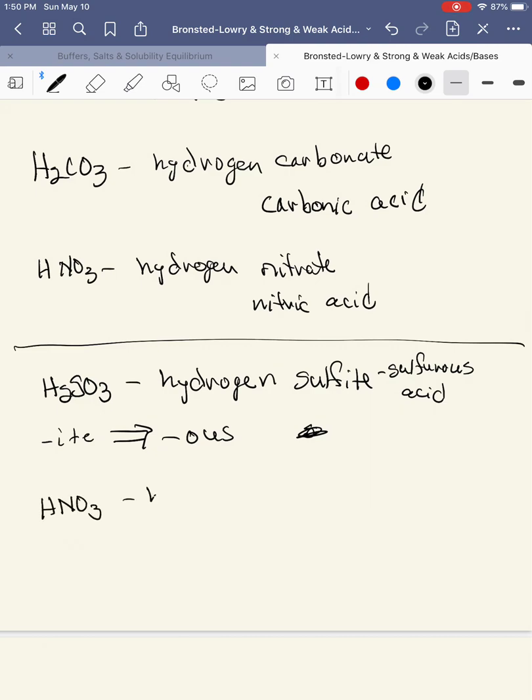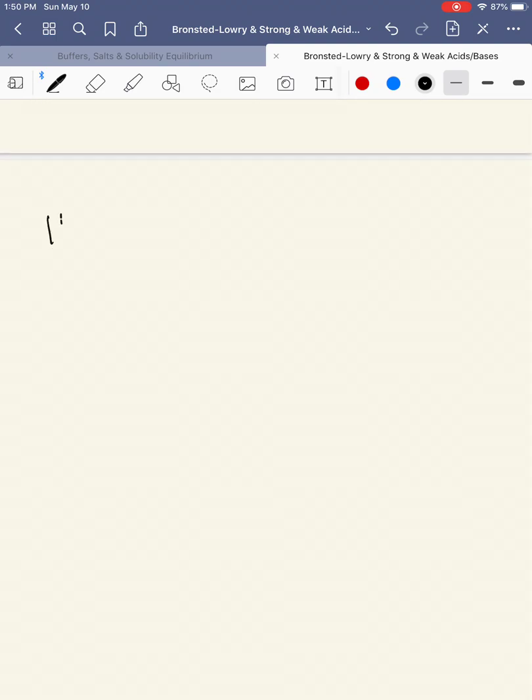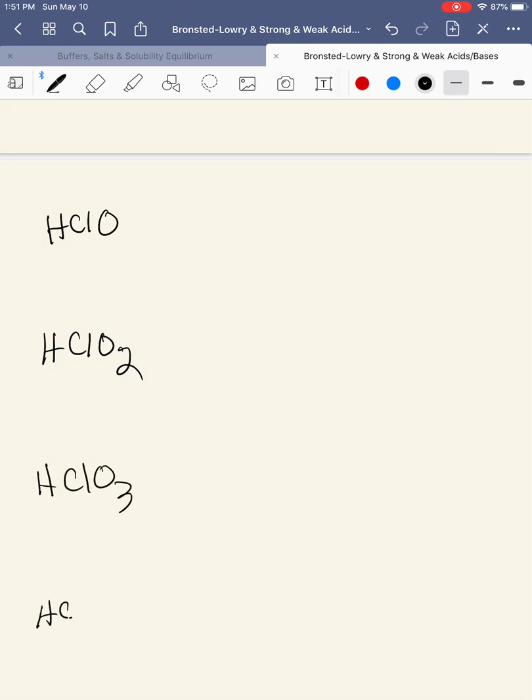HNO2, hydrogen nitrite. So this would be nitrous acid. So the best example I can give you of this is, let's say I have HClO, HClO2, HClO3, and HClO4.